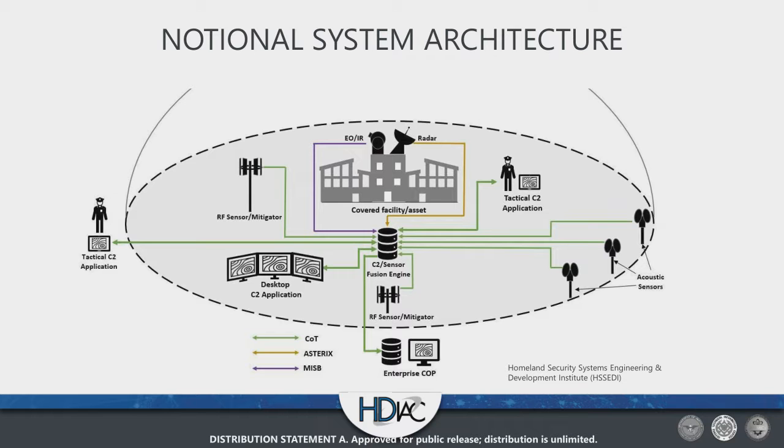It's not complicated in the sense that it would be difficult to set up, I think, but I would look at that and say that that is fairly expensive, because they're combining electro-optical and infrared sensors, radars, RF sensors, acoustic sensors, all into this sensor fusion engine, with command and control applications, and that all feeds to a COP.